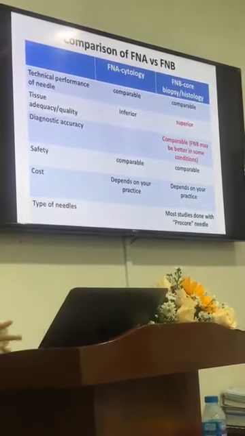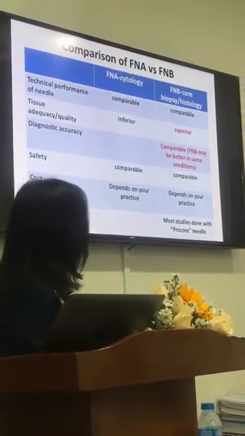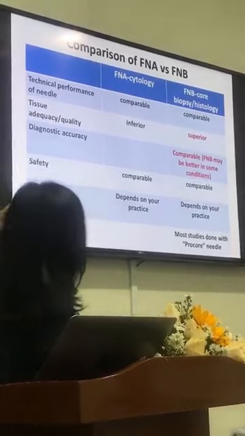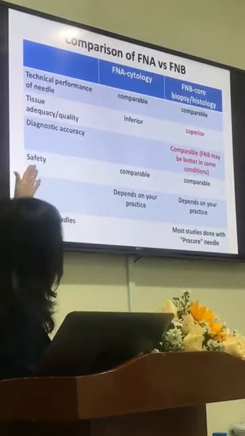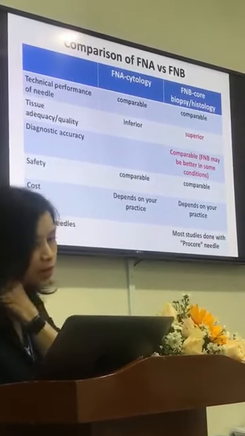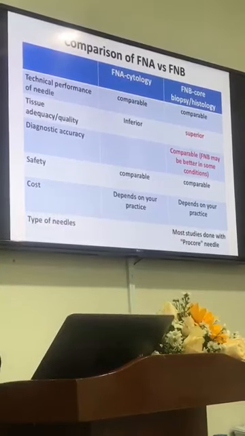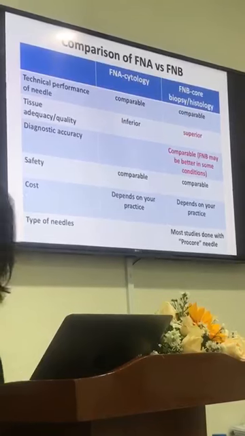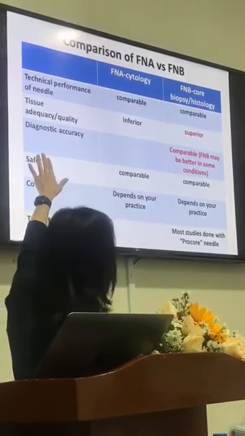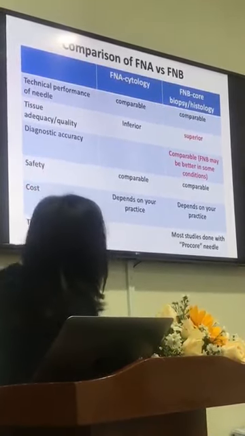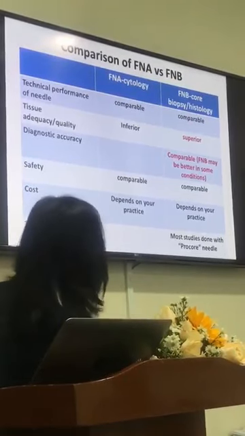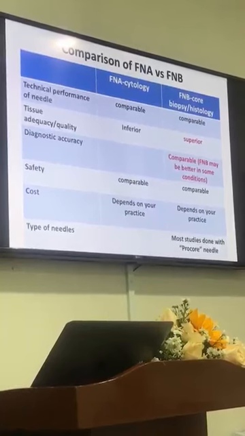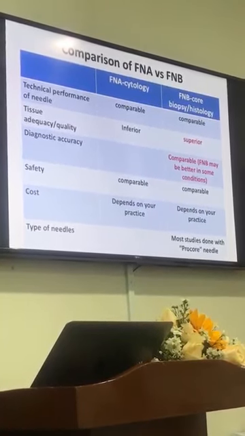So just to summarize the comparison between FNA and FNB, FNB seems to be superior in terms of tissue adequacy, and maybe it's better in pancreatic lesions. There's some data showing that FNB may be better in certain circumstances like pancreatic mass, but overall, if you look at the overall data, it seems that the diagnostic accuracy is comparable between FNA and FNB.